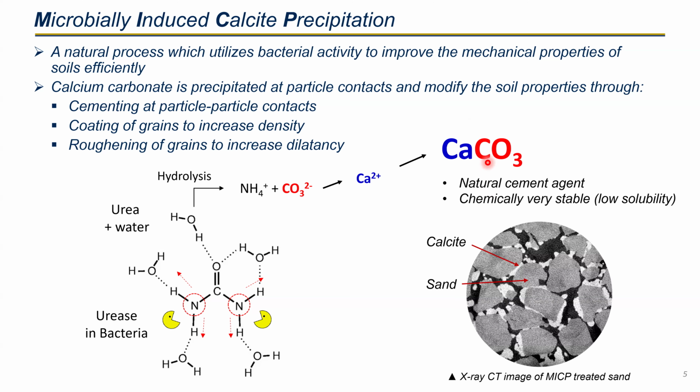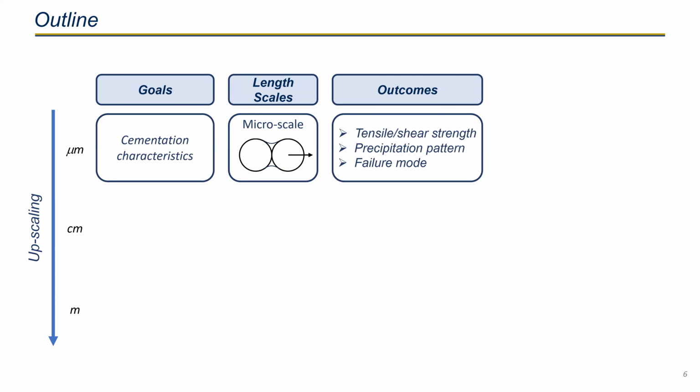So in this talk, I'd like to present the effects of biocementation on liquefaction triggering at different scales to understand and validate the effectiveness and implementation of MICP treatment across various levels of complexity. So first we start with the micrometer scale, which is the particle scale. We can understand the fundamental interactions at the particle scale.